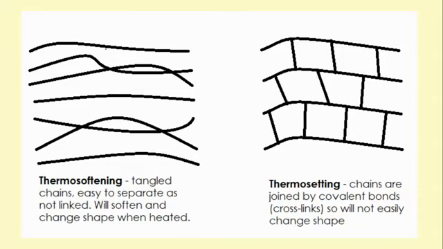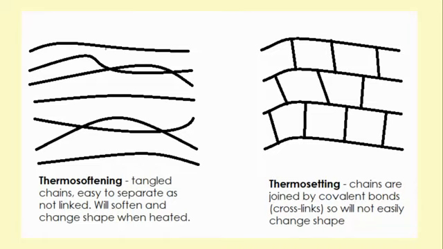They're called thermosoftening because when you heat them up, they soften a bit, and then you can change shape. If you've got a thermosoftening polymer and you want to change its shape, you just heat it up and then mould it into a different shape. That's possible because there's no links between these chains.